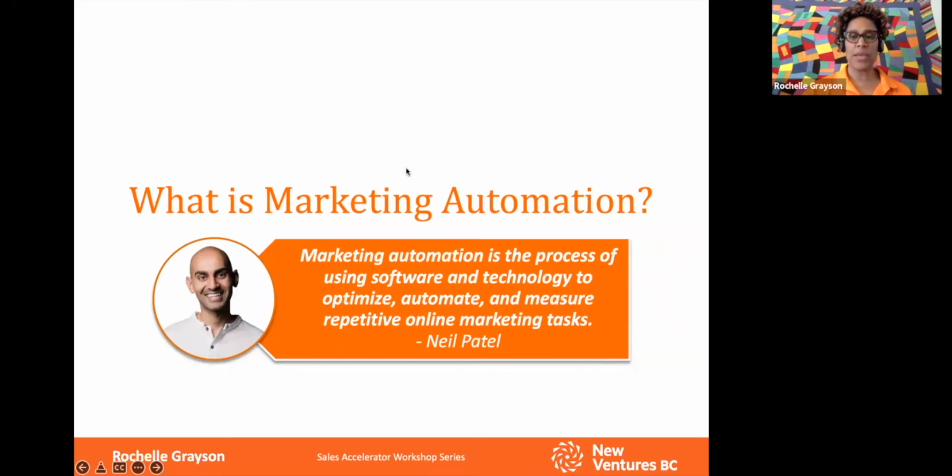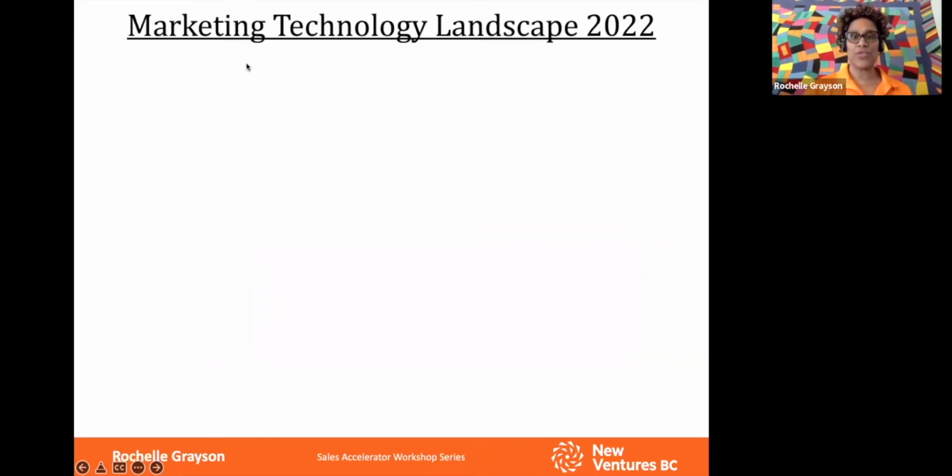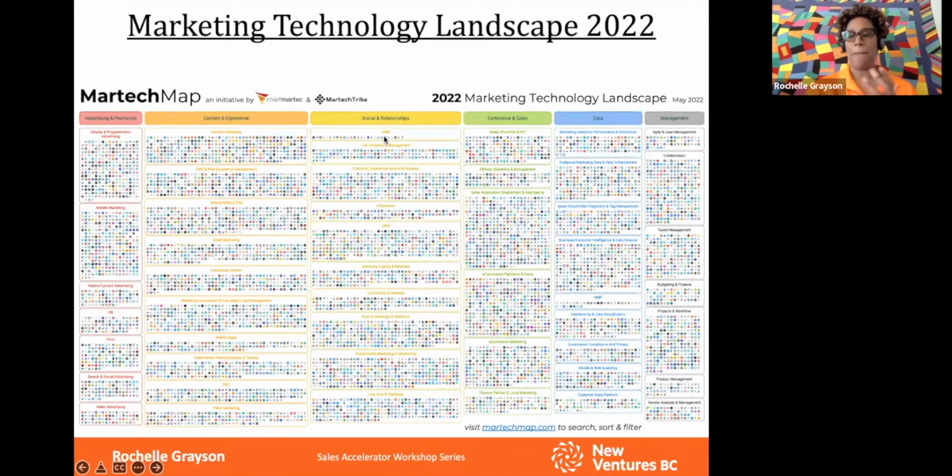Now, one of the things that's really interesting about the marketing technology landscape, often called MarTech for short, is that there are a lot of companies in this area. And literally there's a company called MarTech that just released the 2022 map of, these are all logos of companies in the MarTech world.